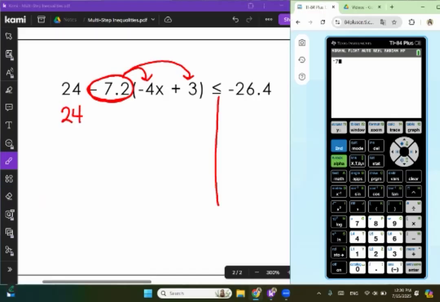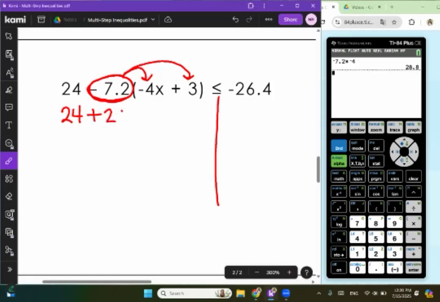Negative 7.2 times negative 4 is positive 28.8x. Negative 7.2 times 3 is negative 21.6. And bring the other one down. Remember, you want all the numbers at the same level. If you're struggling to keep everything at the same level, I highly suggest that you use a sheet of notebook paper. That typically helps solve that problem.